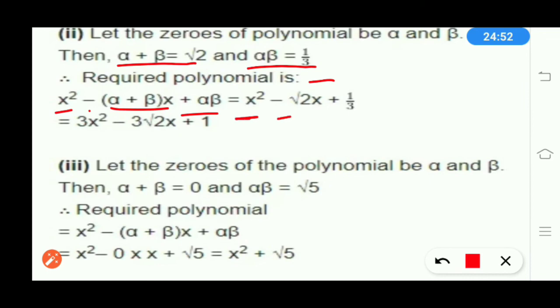So x square minus √2 into x plus 1 by 3. So you can write 3x square minus 3√2 x plus 1. That means no need to write this divided by 3. Directly you can write 3x square minus 3√2 x plus 1. Clear?